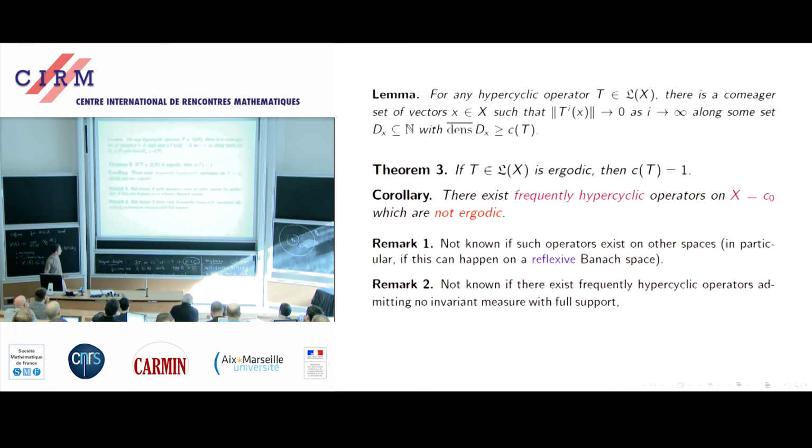So I do not say ergodic, but this we have no idea, in fact. The main trouble is that we have no criterion to show that you have no invariant measure with full support. For ergodic, you have the C of T, which is nice, but for just an invariant measure, we don't know.